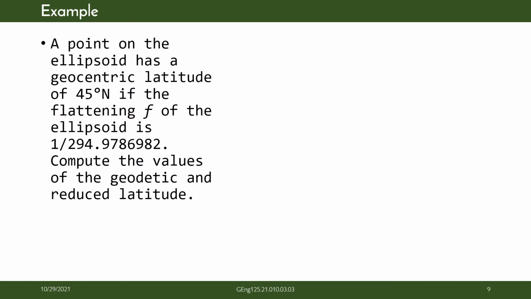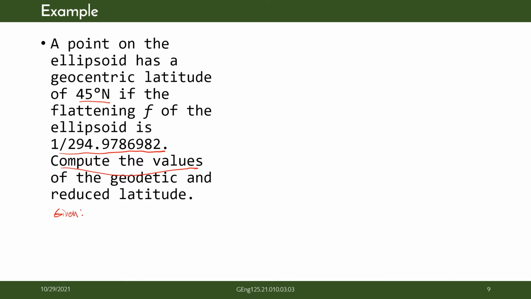So we have here a simple example. Let's say a point on the ellipsoid has a geocentric latitude of 45 degrees north. If the flattening of the ellipsoid is this value, we are asked to compute the values of the geodetic and reduced latitude.